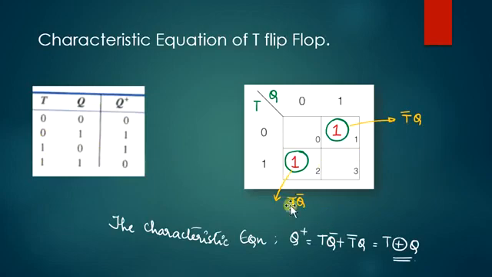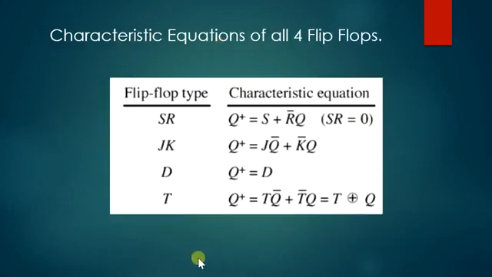So I obtain the expression as TQ bar plus T bar Q. So the characteristic equation Q plus can be represented as T XORed with Q. Finally, to summarize, here I have represented all the characteristic equations of all 4 flip-flops, SR, JK, D and T flip-flop, and I have also shown you how to obtain these characteristic equations from the function tables by representing the present state and the next state.